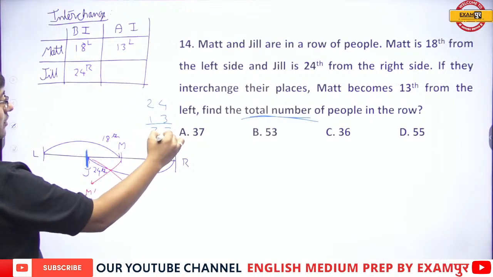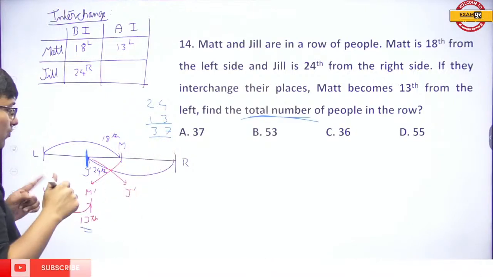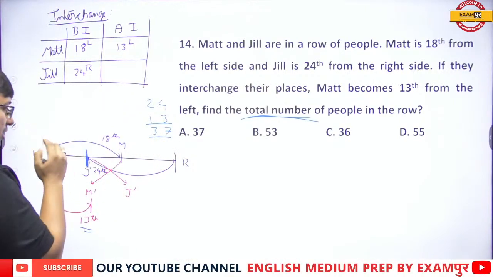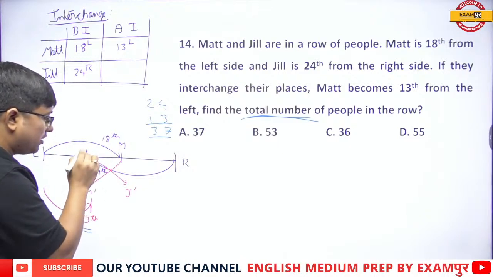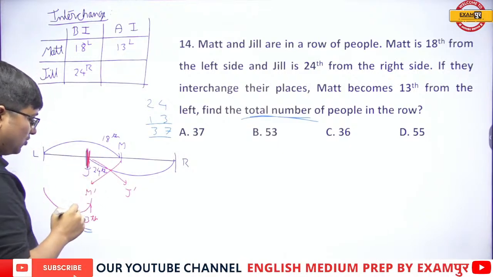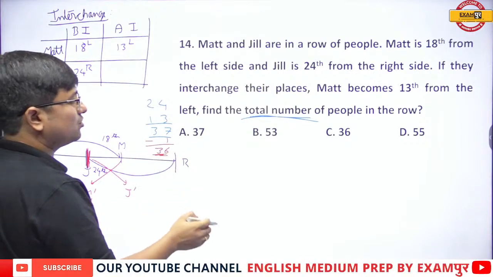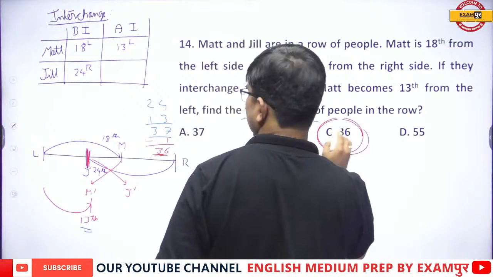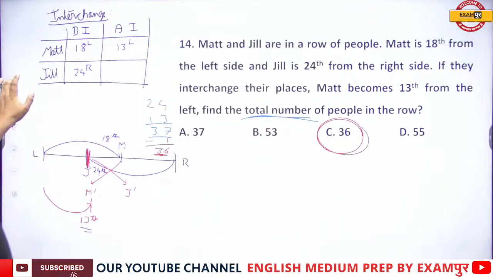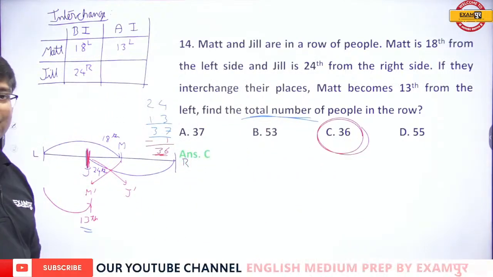When you add them, you get 37. But you cannot count one position twice. So we subtract 1 and get 36 as the total number of persons. And this is the right answer.